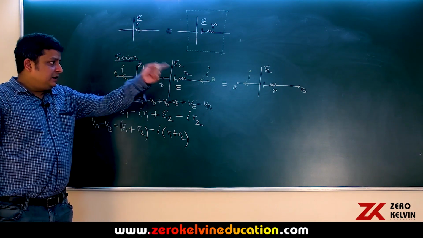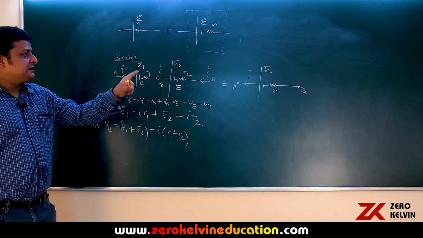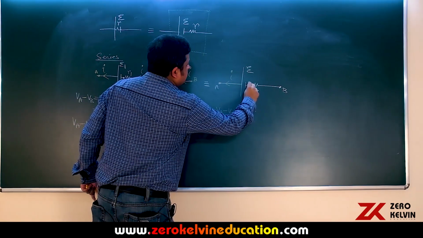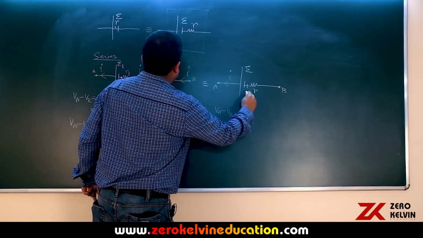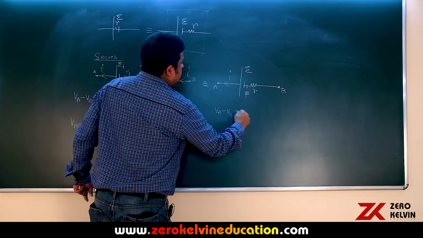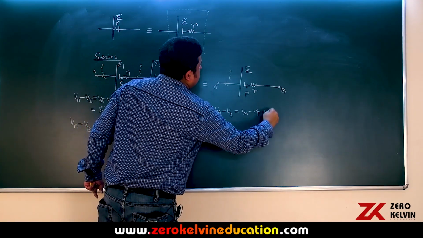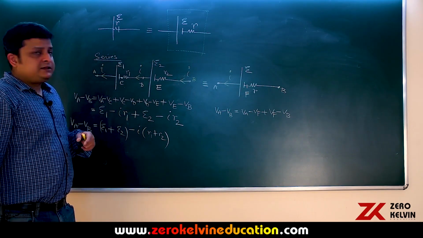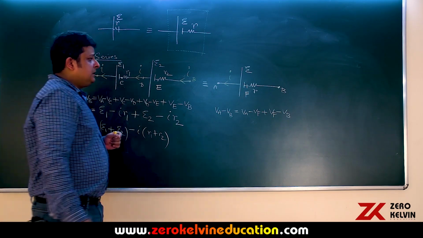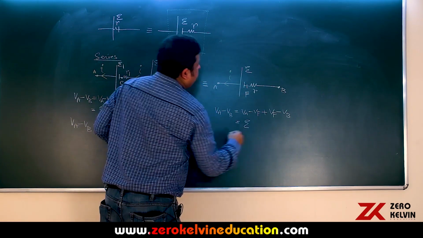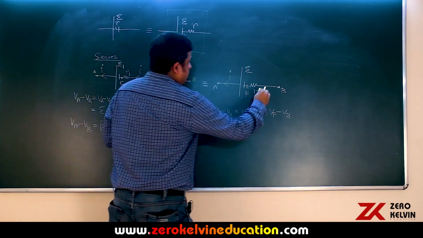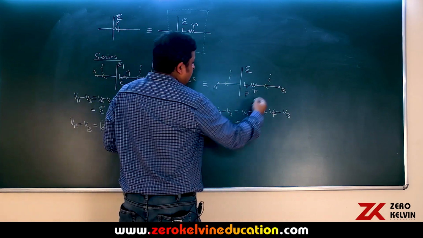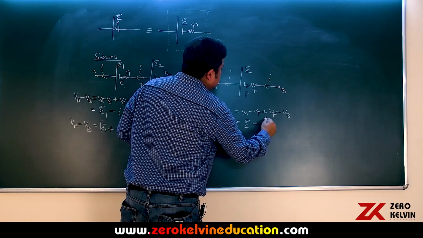Now, let us look at the equivalent circuit, which has only one cell and one resistance, simple as that. VA minus VB, just make one more point here, say F. So, VA minus VF plus VF minus VB. VA minus VF is E, and VB minus VF is IR, we know from Ohm's law, and current flows from B to F, so minus IR.